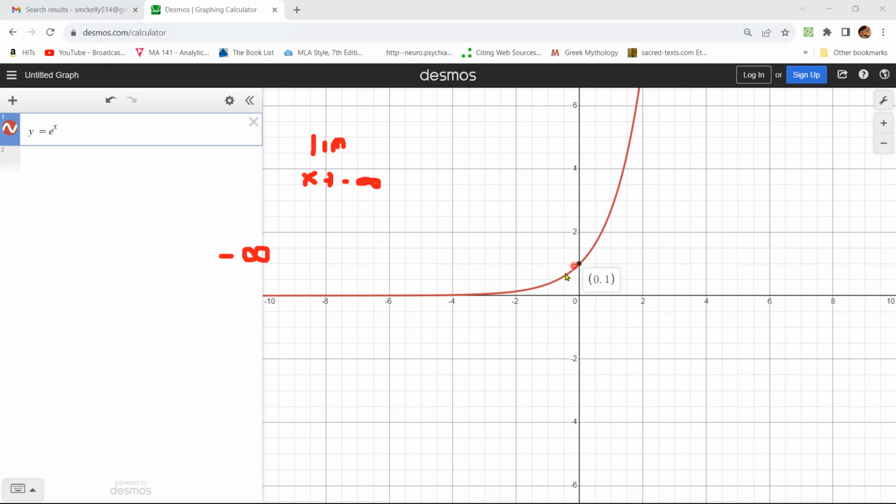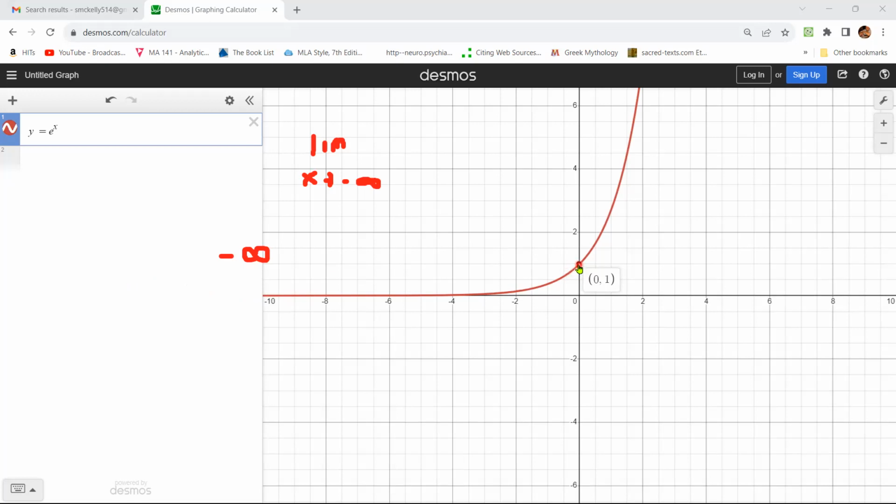My function, I'm approaching negative infinity. I'm getting smaller and smaller and smaller. What is my y approaching? Isn't it the x? X is getting smaller and smaller. So here's my x getting smaller.